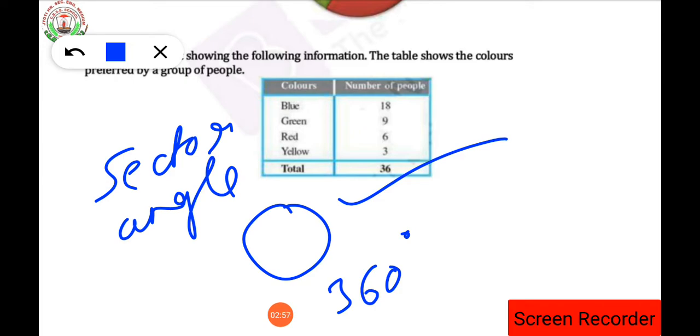When we are finding the sector angle, suppose here we have 4 colors, isn't it? Using the number of people, we have to find the sector angle for blue color, green color, red color and yellow color, because the number of people is given.